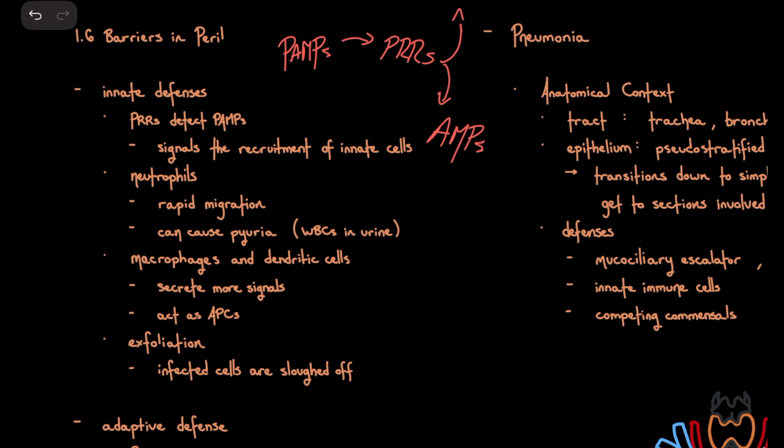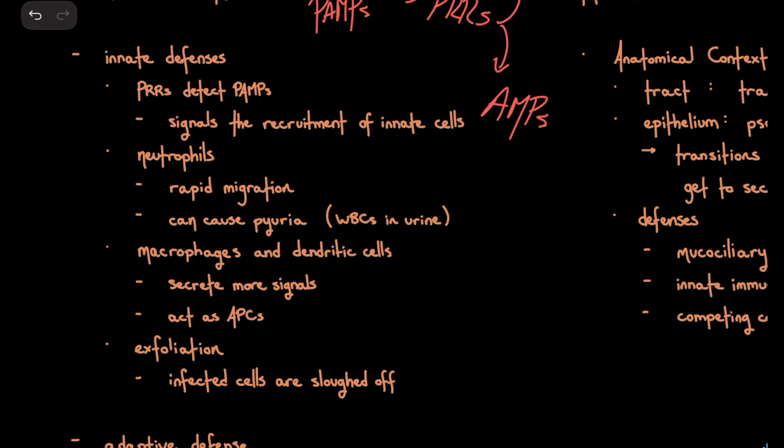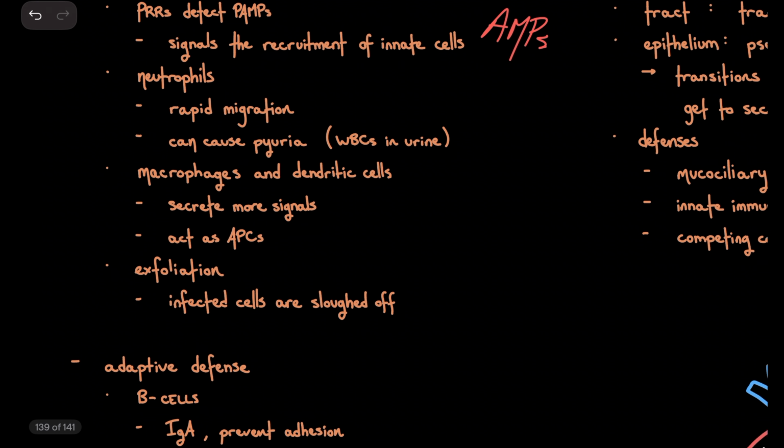It's not just the regular yellow fluid that it typically is. There's a white wispiness to it, and that's because of a bunch of neutrophils that are trying to combat whatever infection is befalling your urinary tract. So that's pyuria, and that's caused by all those white blood cells trying to fend off whatever's infecting.